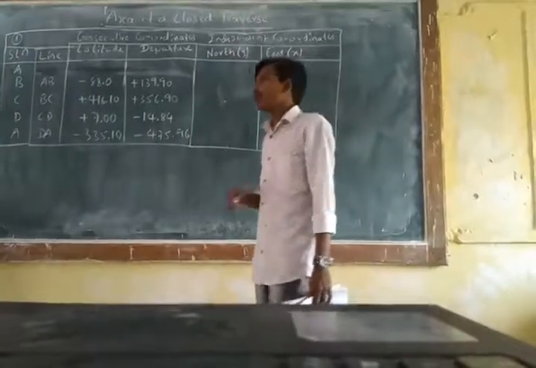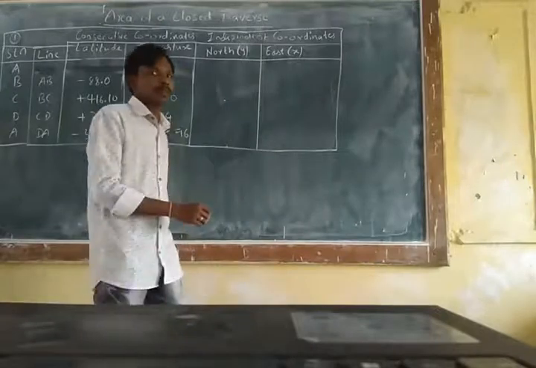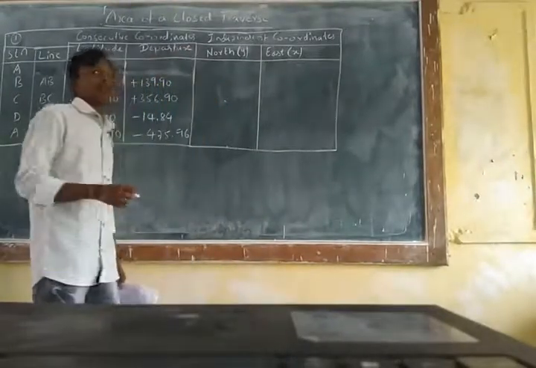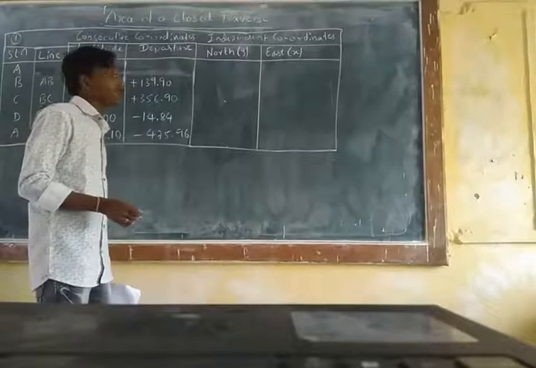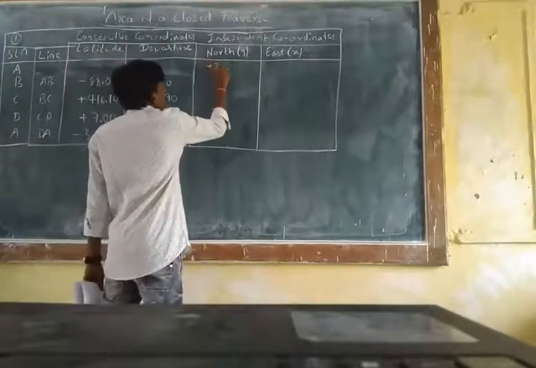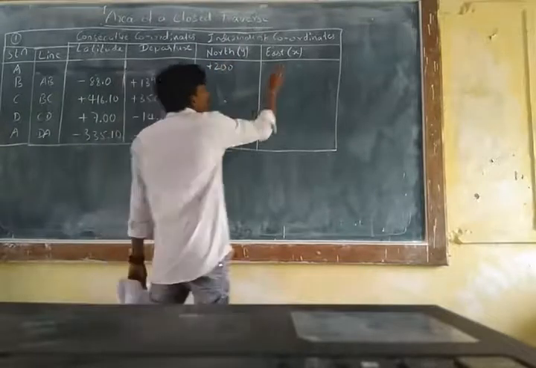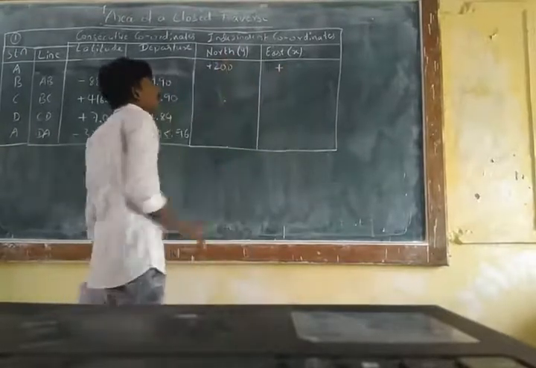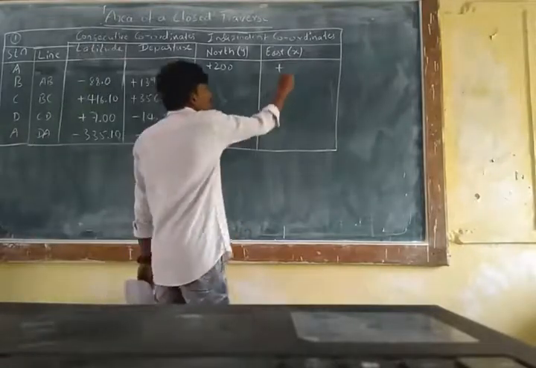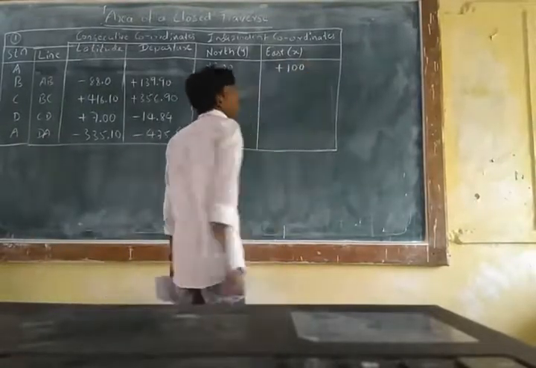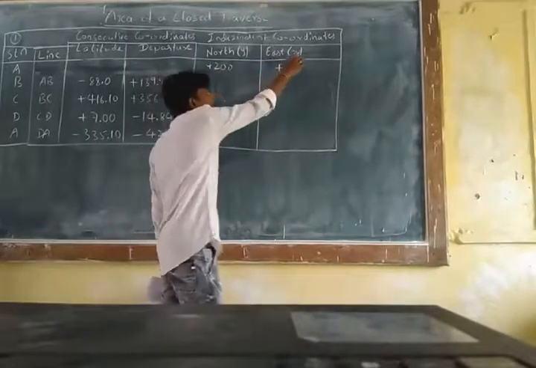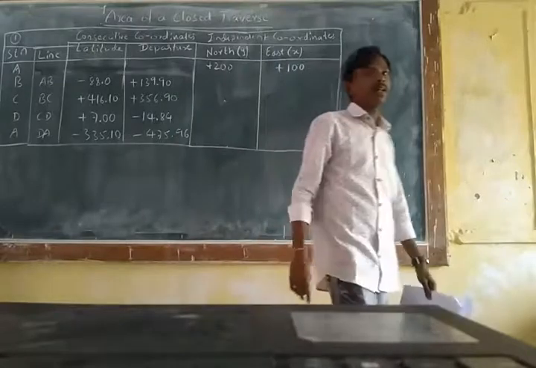For my students from the college where I work, in that particular notes I have assumed plus 200 for the north or y coordinates for the first point A, and plus 100 for the east or x coordinates for the first point A.